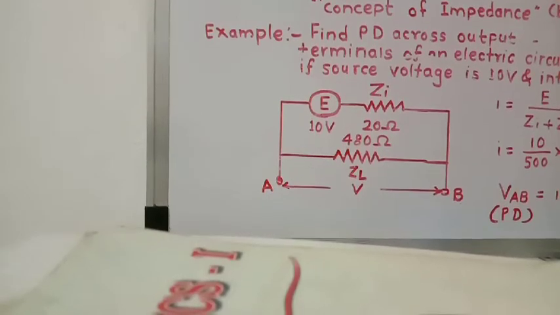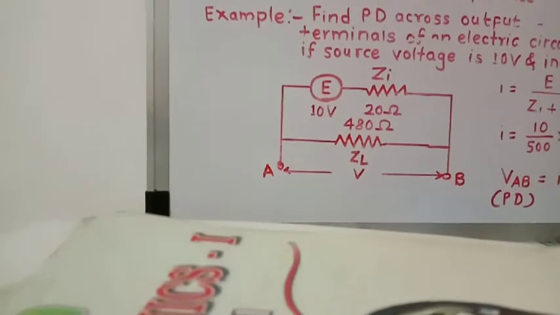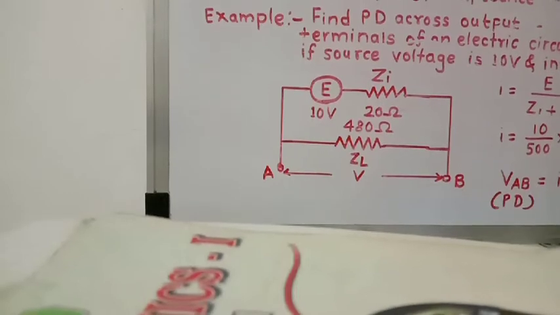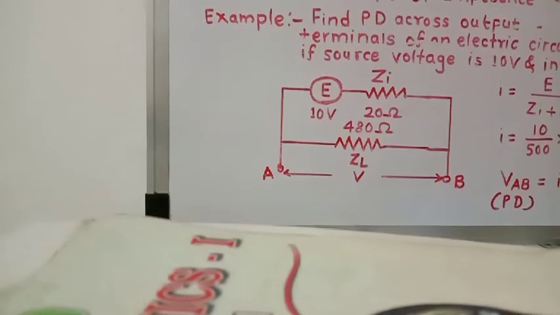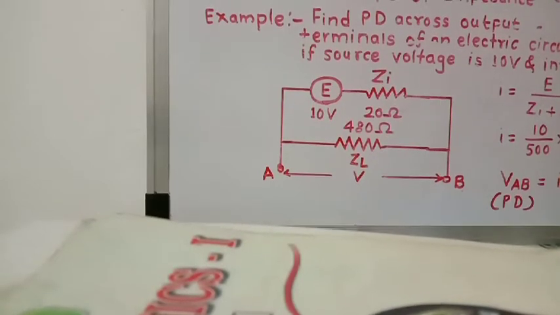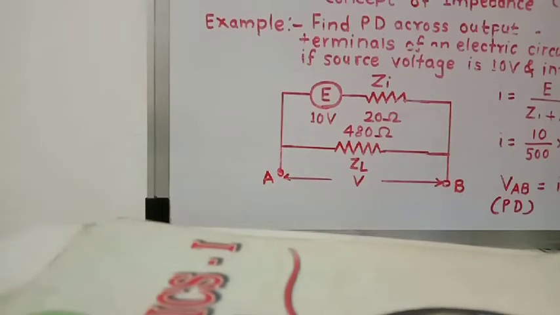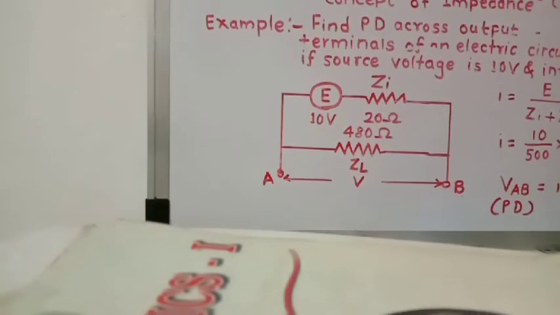Then first of all we will calculate the current flowing through this circuit. So current according to Ohm's law, current I is equal to E upon R plus r, or I is equal to V upon R. So V means EMF, E, divided by total resistance, R plus r, because these two resistors are in series.